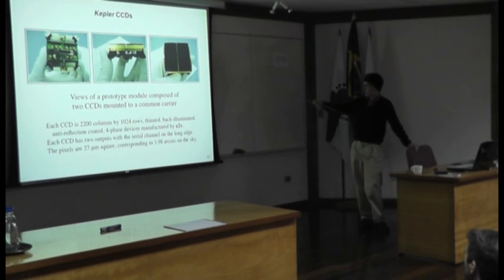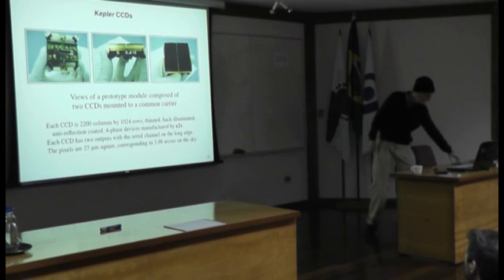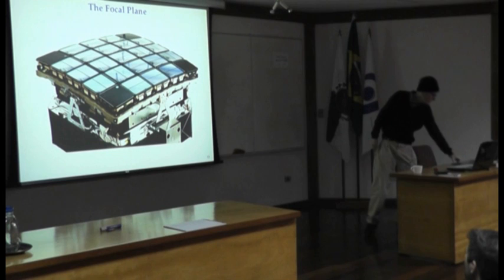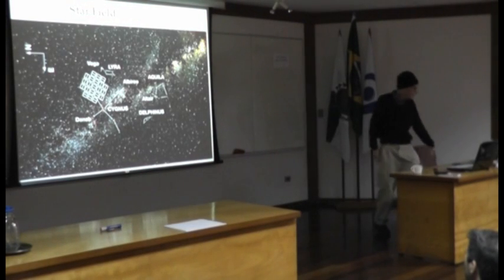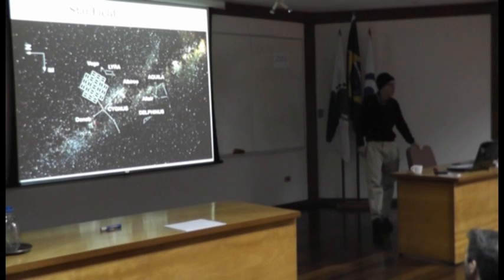These are the individual CCDs of the electronics, the focal plane. This is where we looked, near the midplane of the galaxy and just off the midplane, because we want a lot of stars, but we don't want too many stars because then they're too close and they confuse one another.